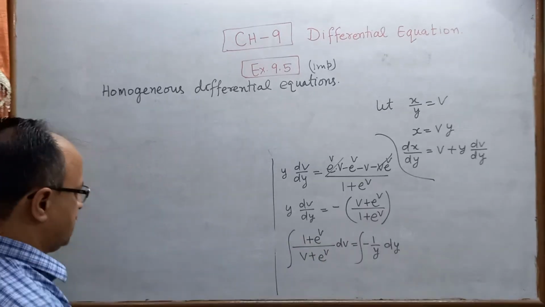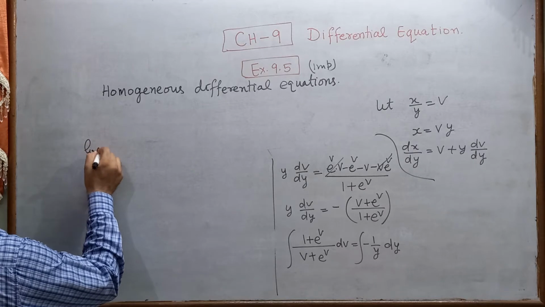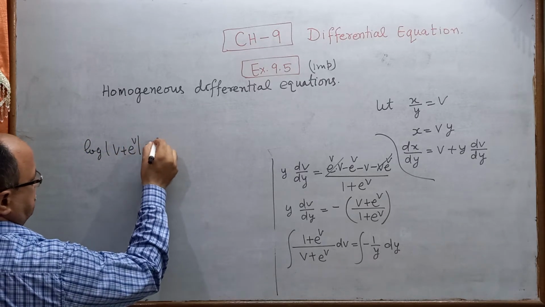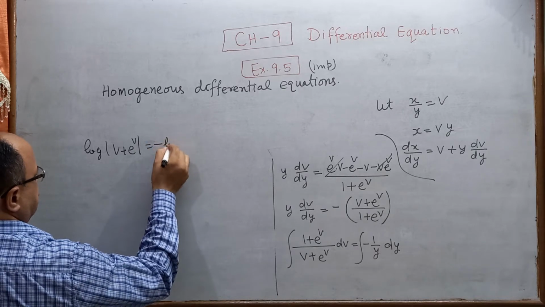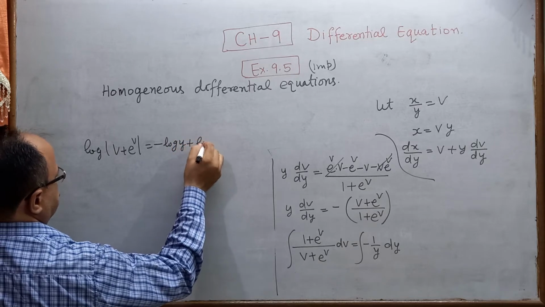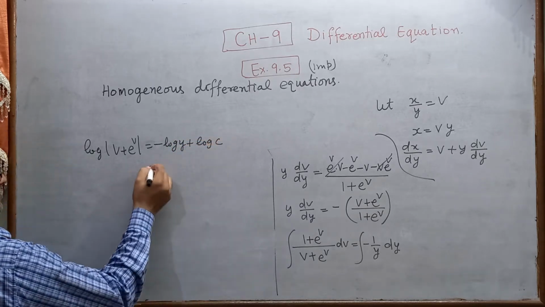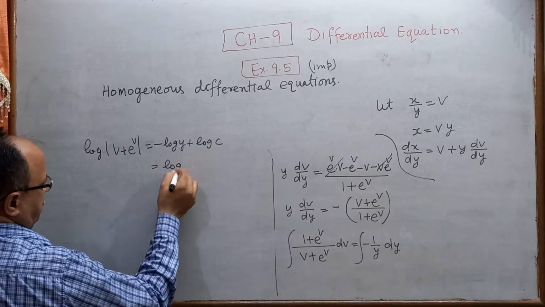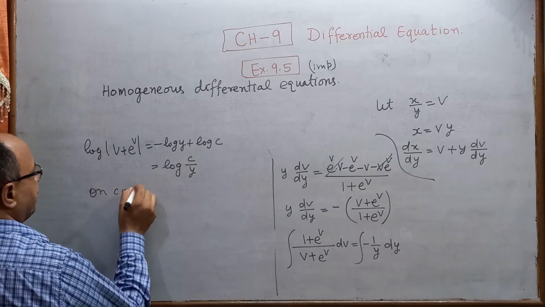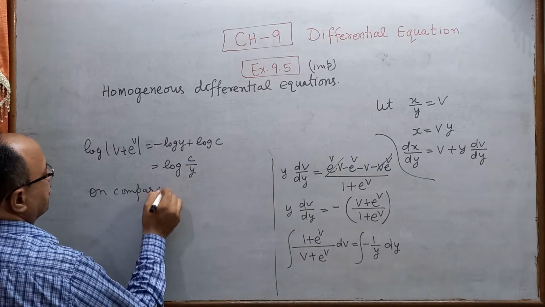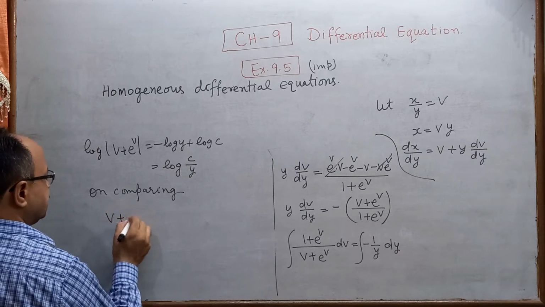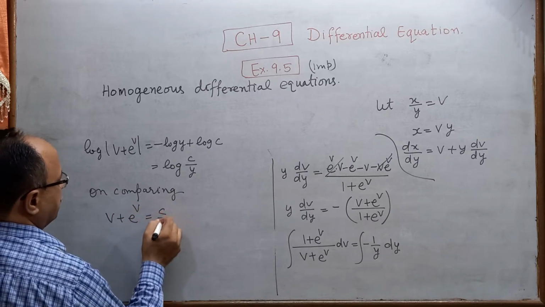Direct you can write, that is log v plus e to the power v is equal to minus log y plus log c. You know that this is equal to log of c by y. On comparing, v plus e to the power v is equal to c by y.